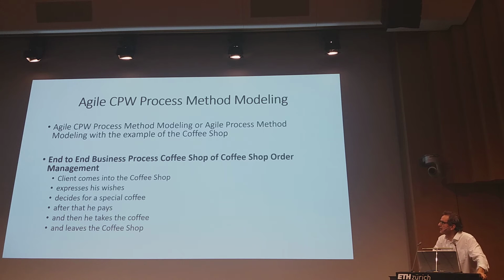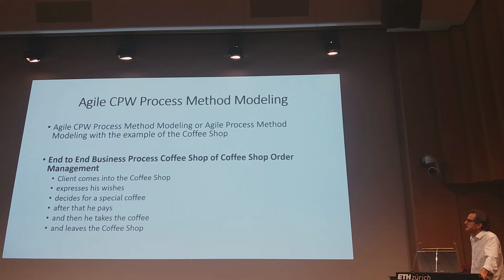Before we start with the process-oriented Agile CPW subject-object relationship diagram modeling, we present the Agile CPW Process Method modeling, or Agile Process Method modeling, with the example of the coffee shop.